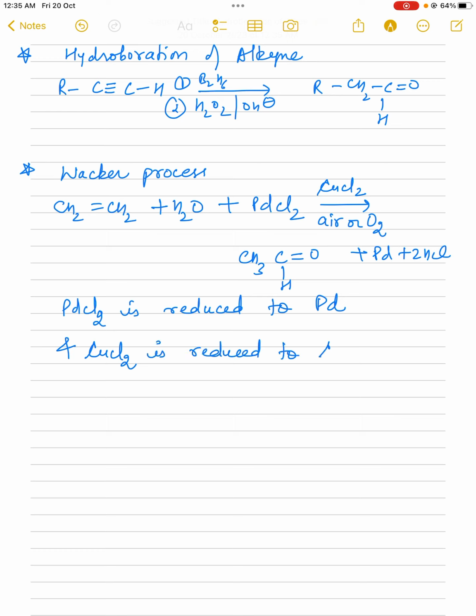Okay, the next method is aqueous alkali hydrolysis of gem dihalides.